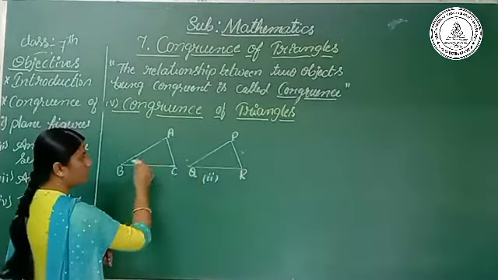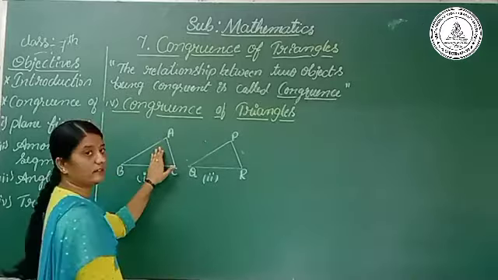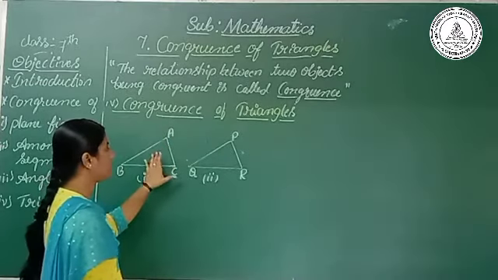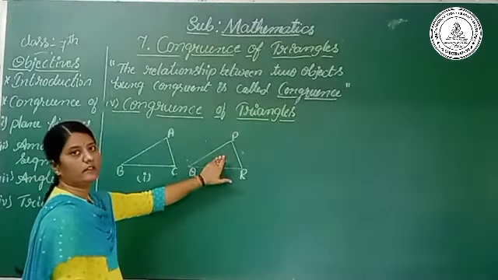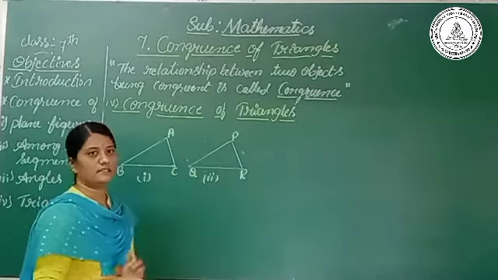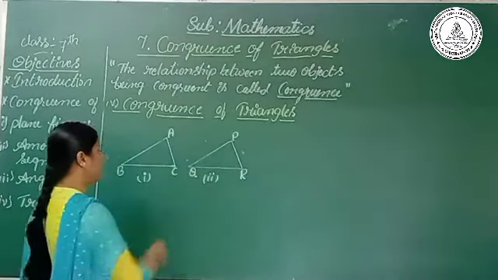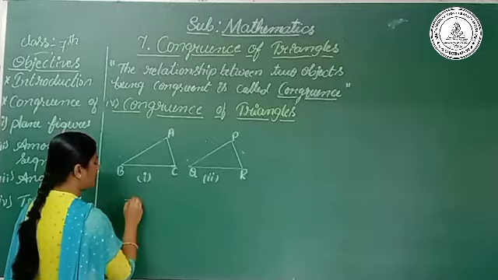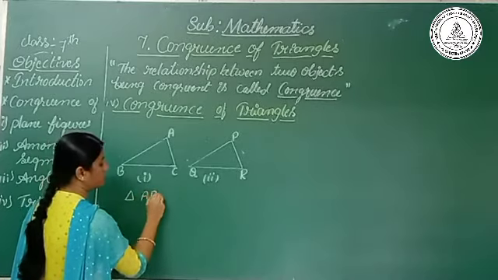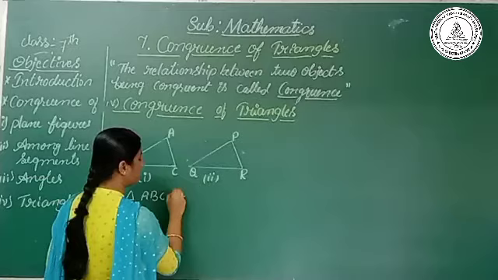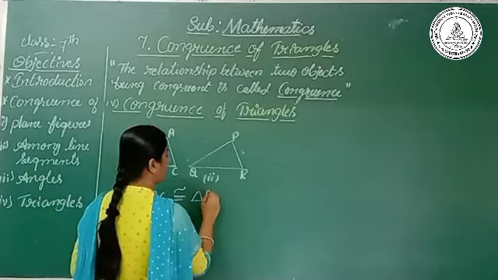Here you may observe that these triangles are equal in length and equal in size, then they are said to be congruent. Then I will write it as triangle ABC is congruent to triangle PQR.